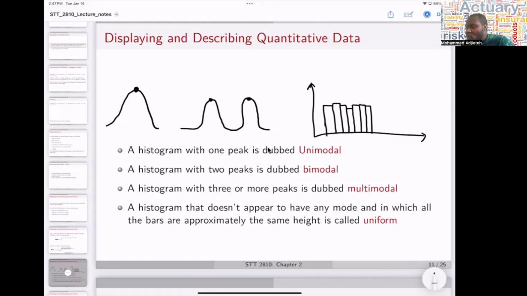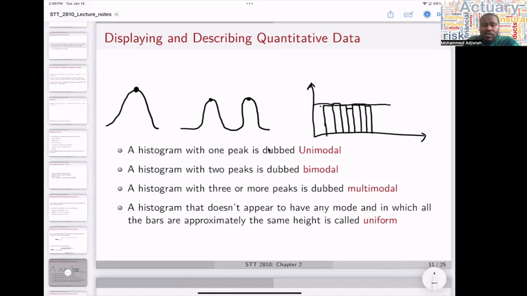In situations where the histogram bars approximately have the same height, it's uniform. Because if you try to draw a curve, you're going to have something like this. You see, there is no bump or peak. So when we have a graph, we use the peak or the bump to tell the mode. You should be able to tell whether a graph is unimodal, bimodal, multimodal, or uniform.